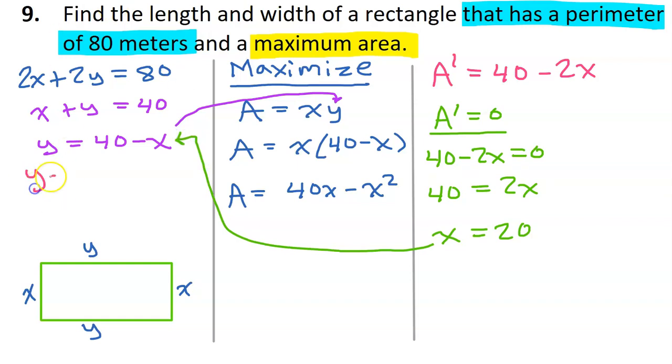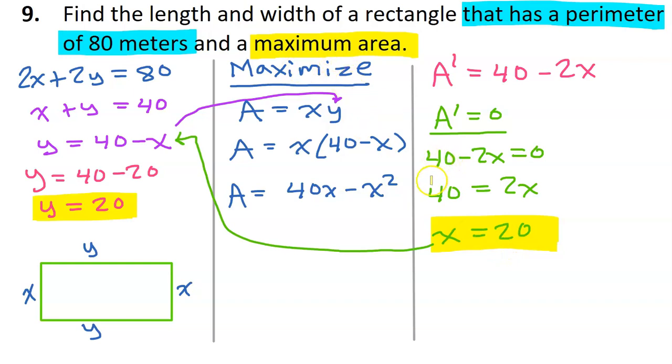So y will equal 40 minus 20. So y will also equal 20. So these are the dimensions of the rectangle. I guess we could be more specific and call it a square, which maximizes the area.